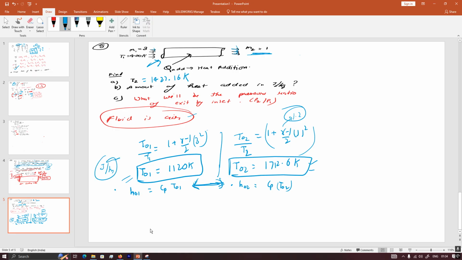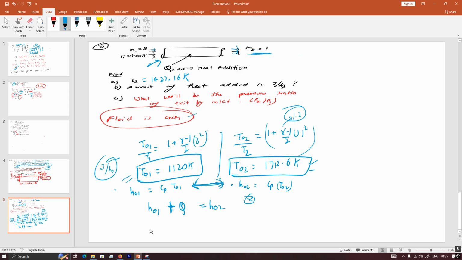So now I can use the equation: h naught 1 was present, and when heat was added to h naught 1, it became h naught 2. Using this story, I can crack all the problems, even when I'm talking about engines, combustion chamber. This can be done there.